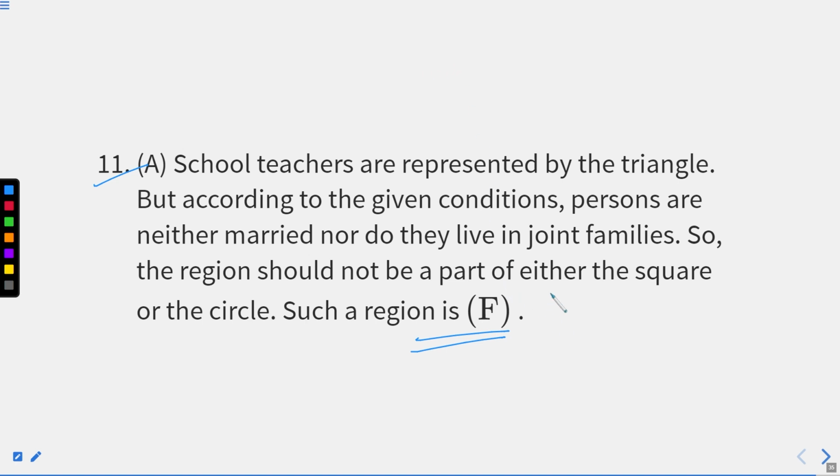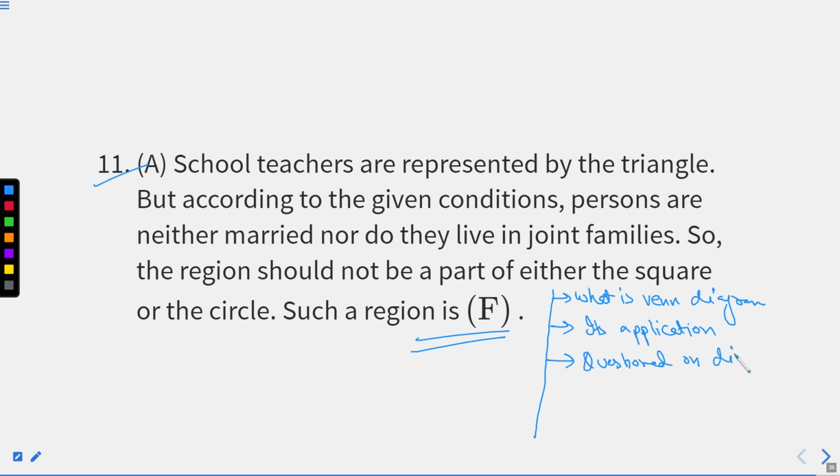You all know now from this chapter, we have discussed what a Venn diagram is, right? Its application, right? Third is questions based on a diagram if given, right?